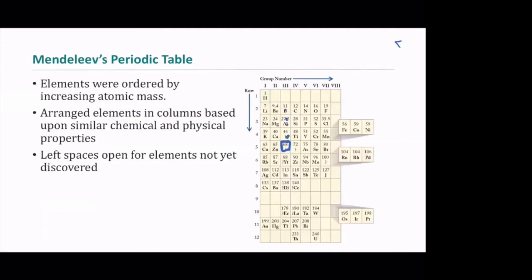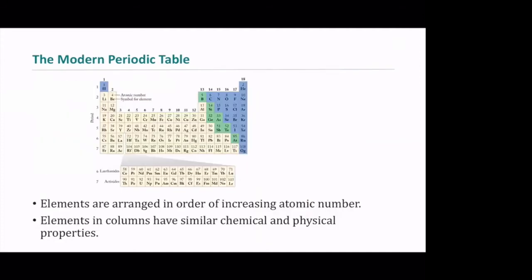All right, so here's our modern periodic table then. Increasing atomic number, similar chemical and physical properties in columns. We've got our break here now, and this is done really for convenience.